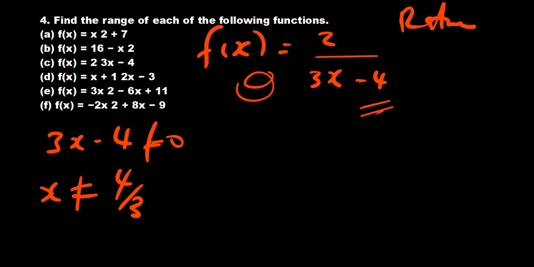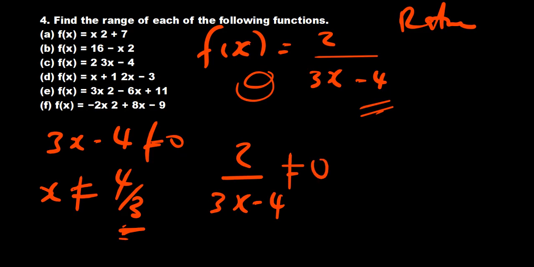Now, as x approaches 4 over 3 from either side, the function tends towards the vertical asymptote, and the function can take any real value except 0, because we are saying this expression 2 over 3x minus 4 should not be equal to 0 for any value of x, because you don't want it to be undefined.